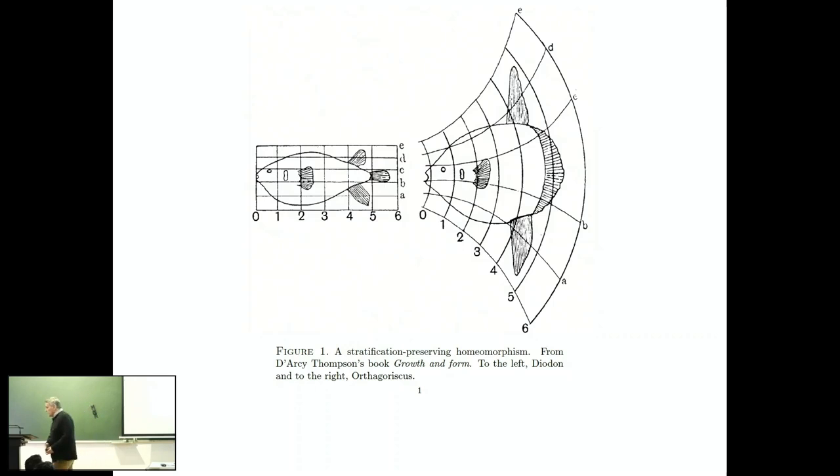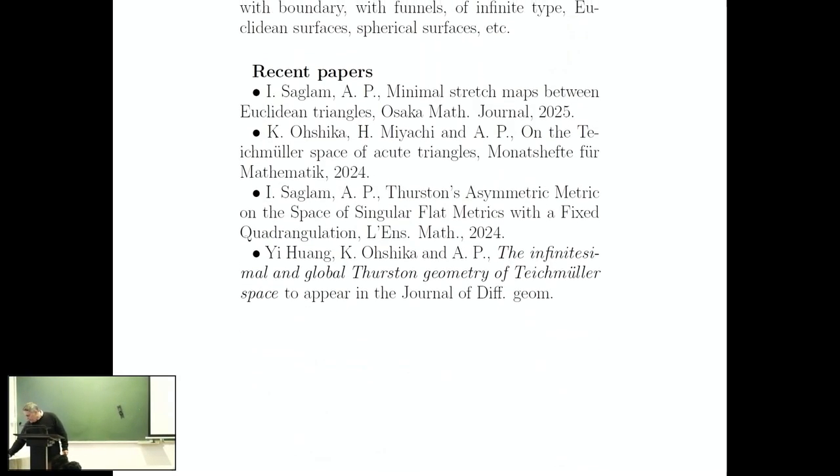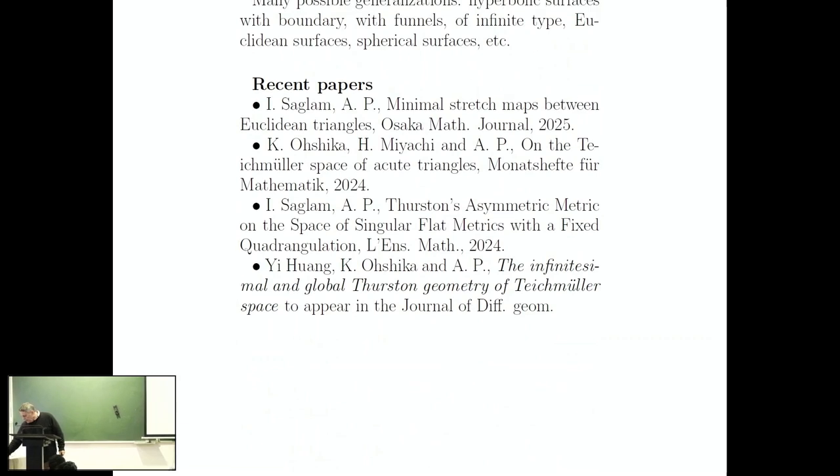So when I go here again to this paper on Euclidean triangles, you may ask the same question. You put a distance on the space of triangles, which I talked about.